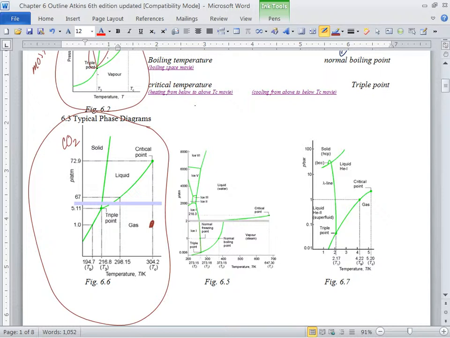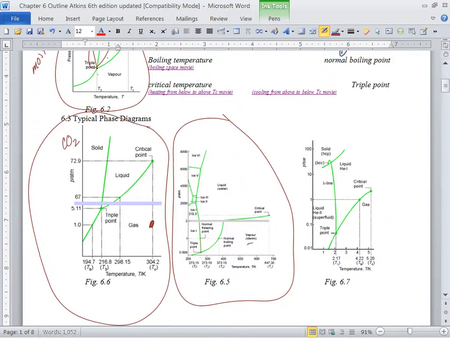So water. Water has a critical point. Here's vapor, right? Our normal freezing point. Normal freezing point means the pressure must be what? 1 atm.